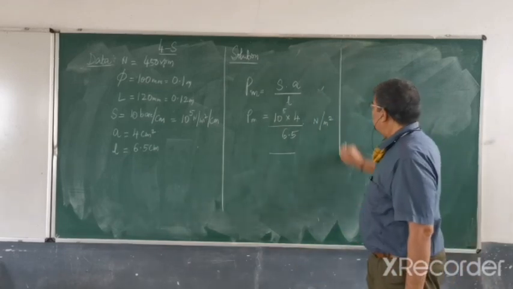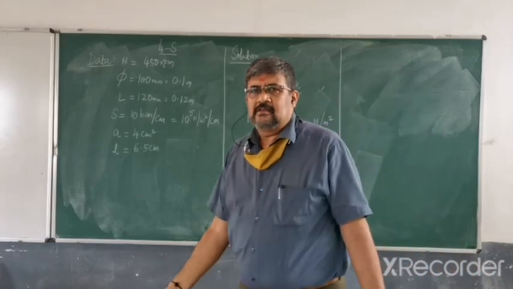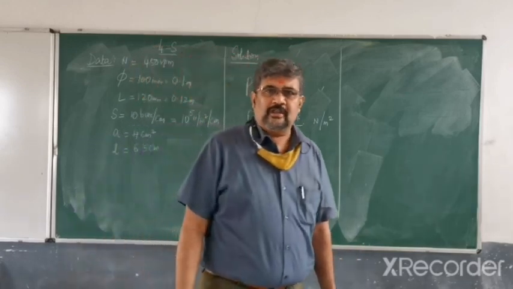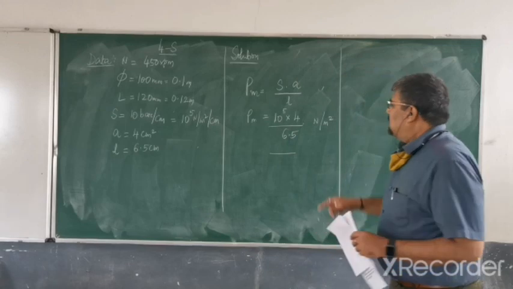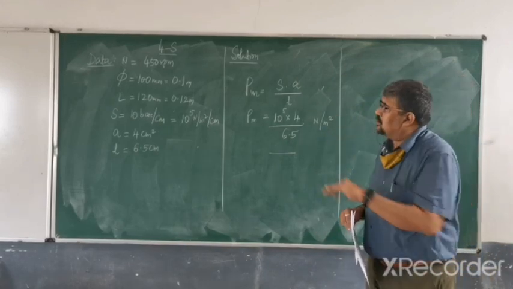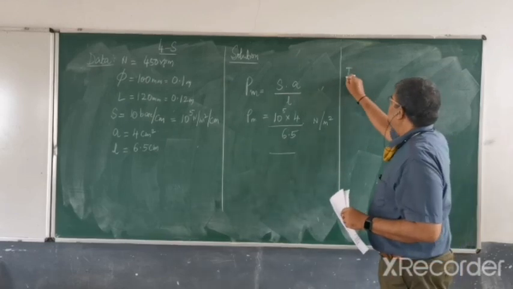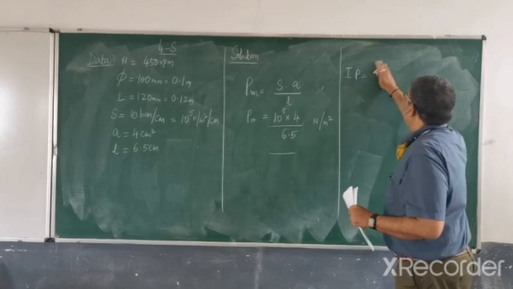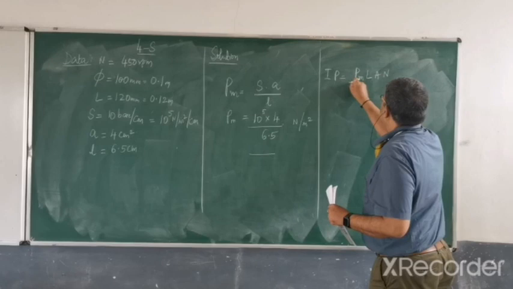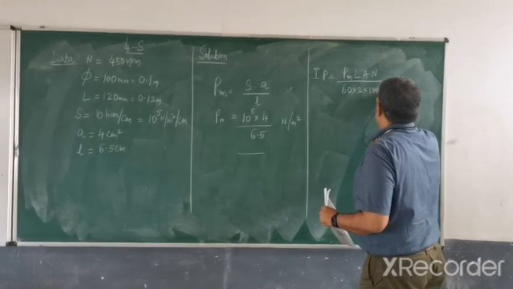Once you know the value of mean effective pressure, there is nothing great in order to solve this problem. You just have to use the equation properly. Since we have the mean effective pressure value in Newton per meter square and it is a 4-stroke engine, we have to use the proper equation. So I will write the indicated power as P M L A N divided by 60 into 2 into 1000.